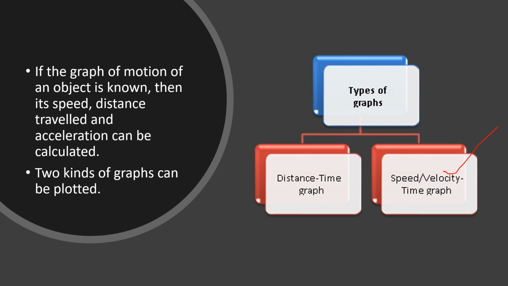Distance time graph and displacement time graph are of same nature for a body moving in a straight line along one direction. Similarly, speed time graph and velocity time graph are of the same nature for a body moving in a straight line along one direction.